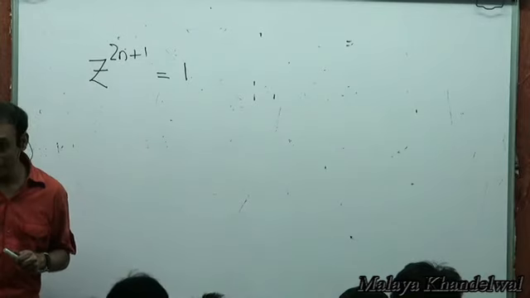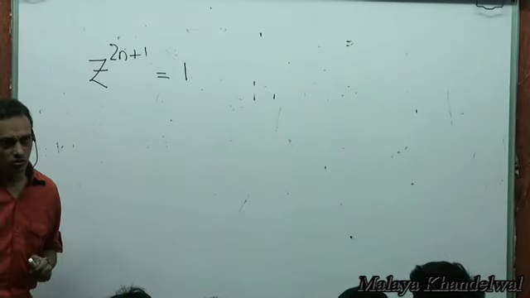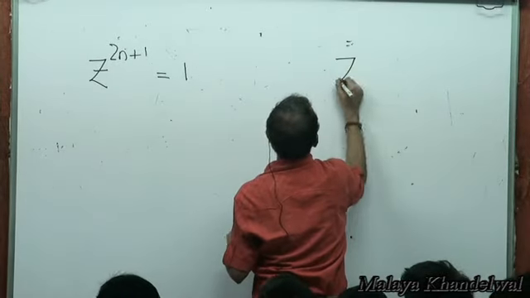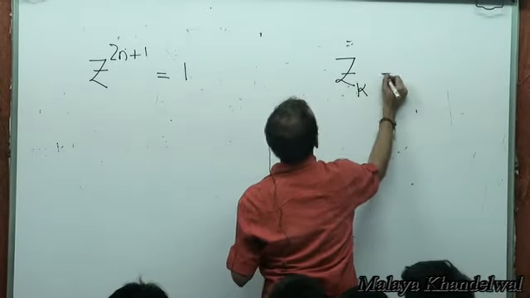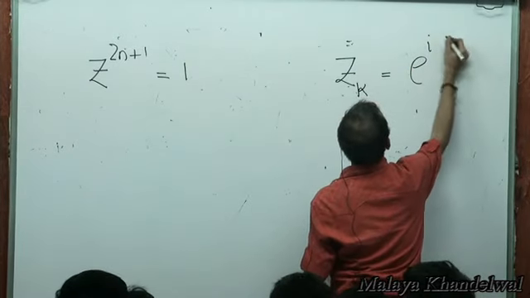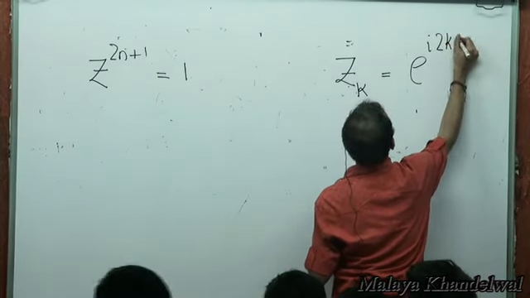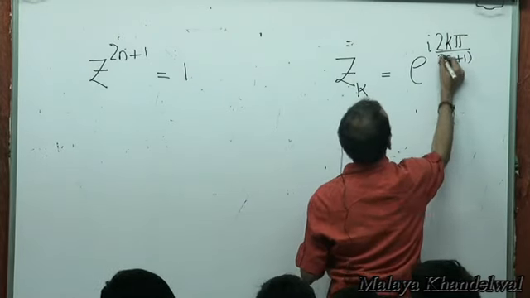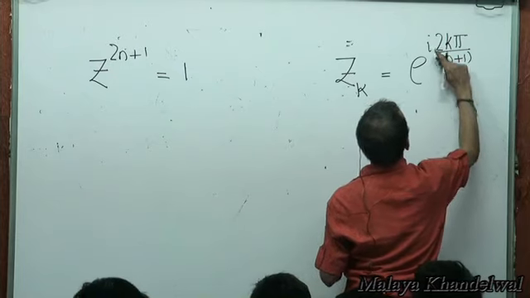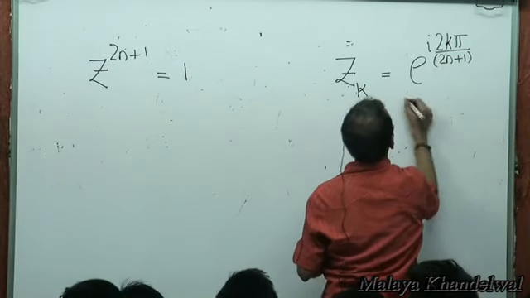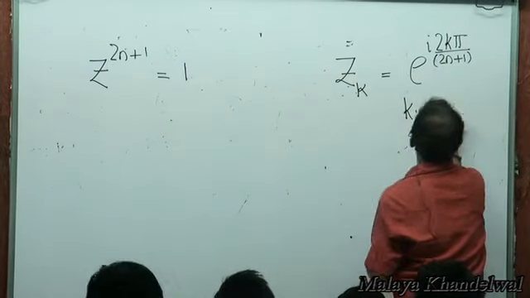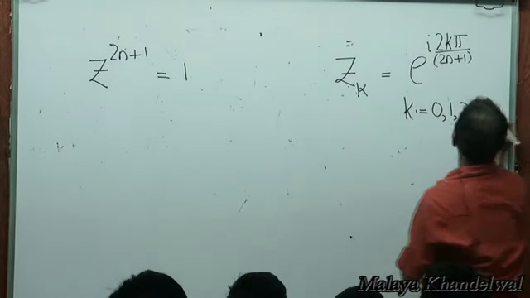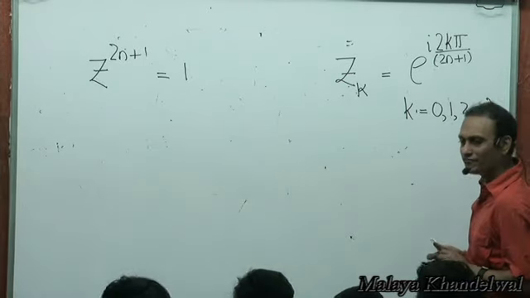This will give me 2n plus 1 roots of unity, where the zk's would be e to the power i 2k pi divided by, instead of n, 2n plus 1, where k takes values 0, 1, 2 up to 2n. These are 2n plus 1 consecutive values of k.